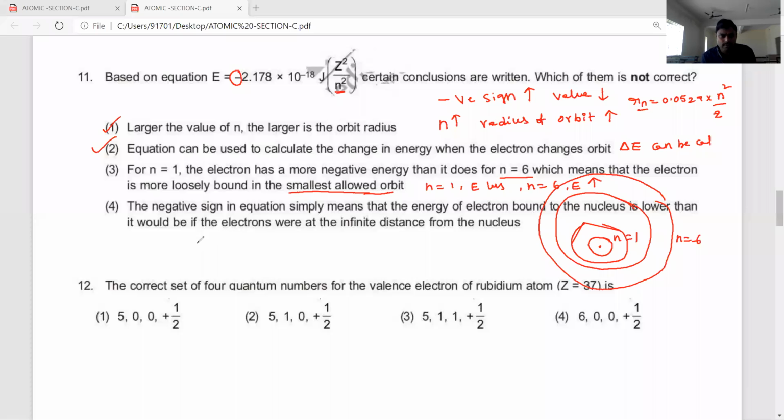See, n is equal to 1 means the electron is nearer to the nucleus, hence it is held strongly.